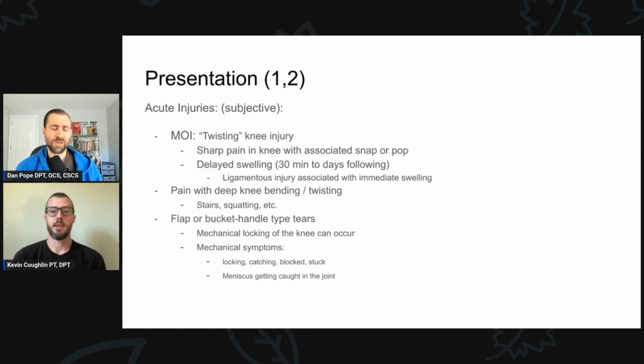Depending on the severity, they might explain pain with maybe even just walking, but perhaps stairs, squatting, different things that are loading their knee joint. If they have a flap or a bucket handle tear, they might explain that they have some mechanical catching or locking of their knee. So that's something you're going to want to ask about. If they don't have this, it doesn't rule out a meniscus tear, but it's something you want to try to figure out. So those are a few things to listen to on the subjective exam.